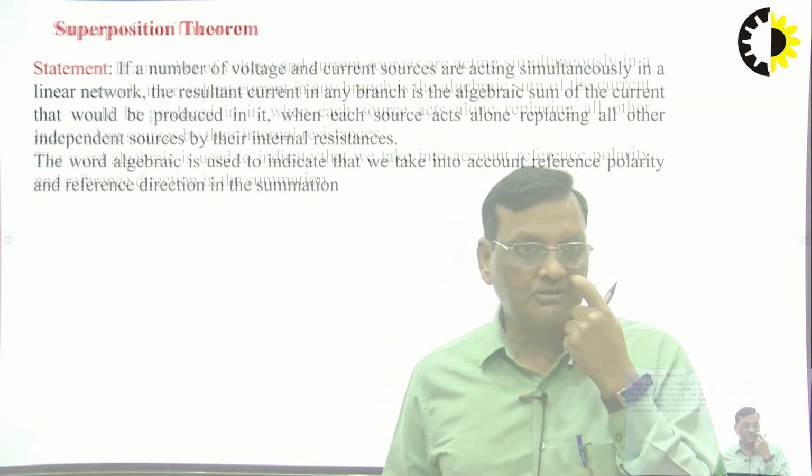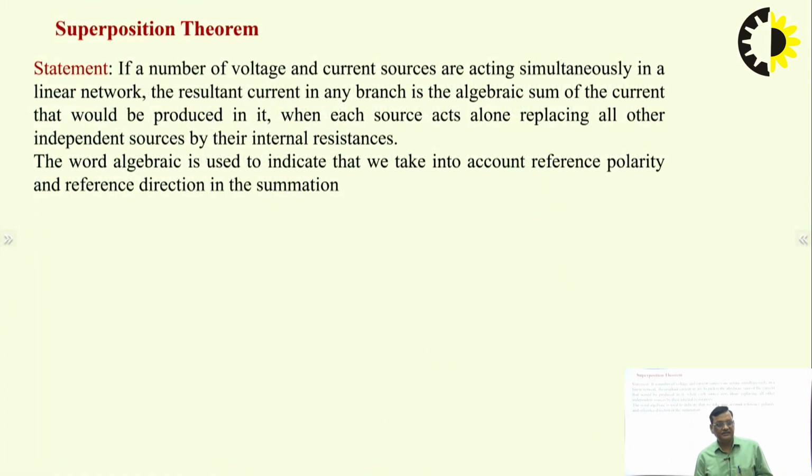So, the superposition theorem is applied to any linear circuit. If in a linear network a number of voltage and current sources are acting simultaneously, the resultant current in any branch of the circuit is the algebraic sum of the currents that would be produced if each source acts alone while the other energy sources are replaced by their internal impedances.